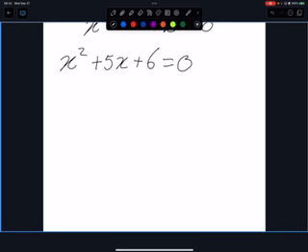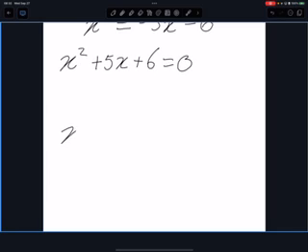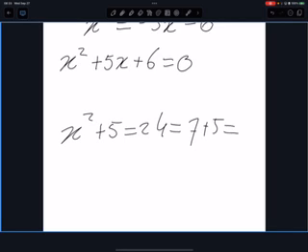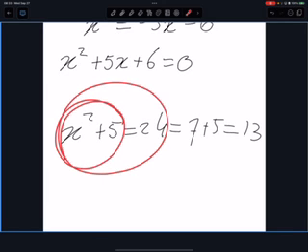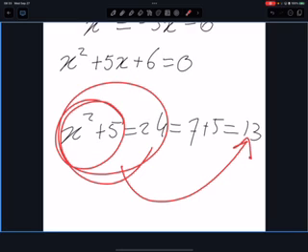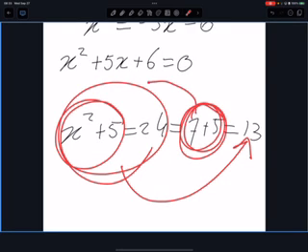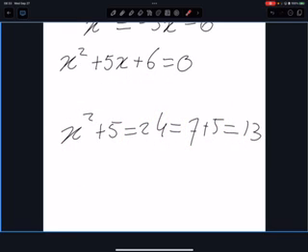Equal sign means whatever you have on the left-hand side equals what you have on the right-hand side. So, if you say x squared plus 5 equals 24 equals 7 plus 5 equals 13, it makes no sense. You're saying what is written here is exactly the same thing as this, and what is written here is exactly the same thing as written here. So watch out for equal signs.